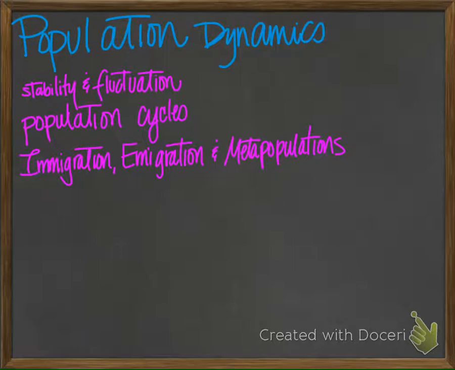Population dynamics is the changes, fluctuations from year to year, place to place in population levels. It can be influenced by many things, like commercially important species or fish that are harvested at certain points of the year.